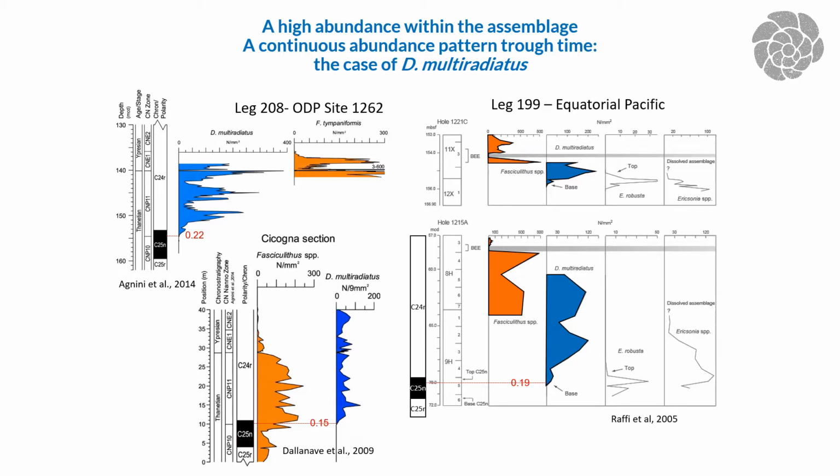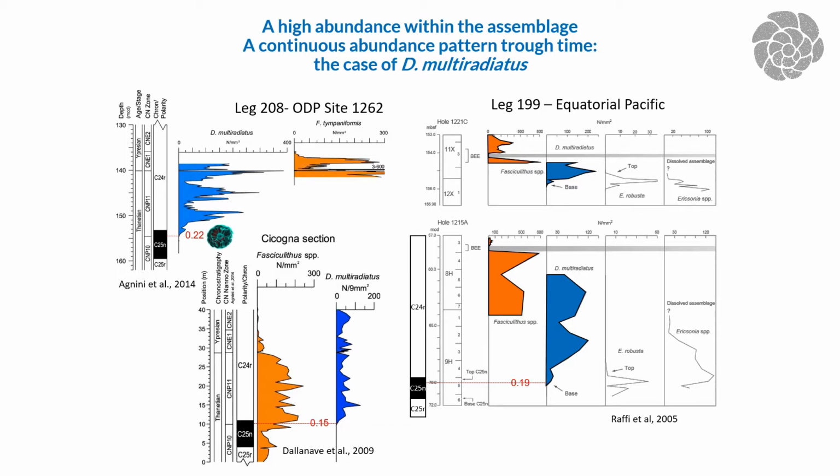And what I would like to show you is that if you start from this part of the slide, so from ODP site 1262, we have in blue the abundance pattern of this Discoaster multiradiatus. And it appears somewhere in the section and goes up in the section. So the lucky thing is that we have PMAG data, so that we can actually link these bioevents with PMAG.